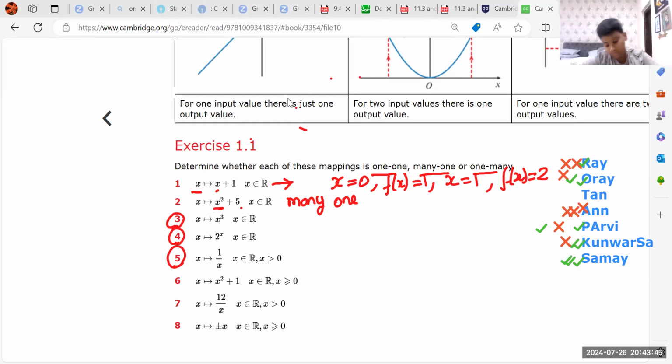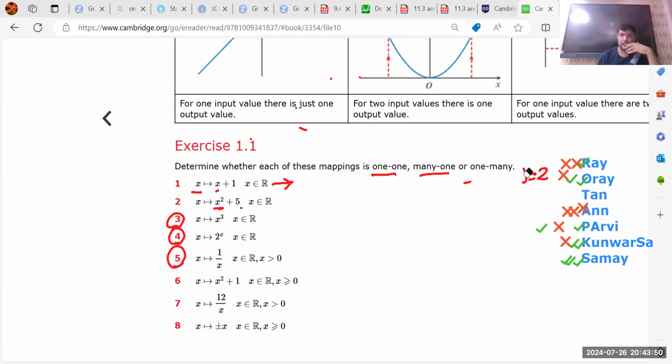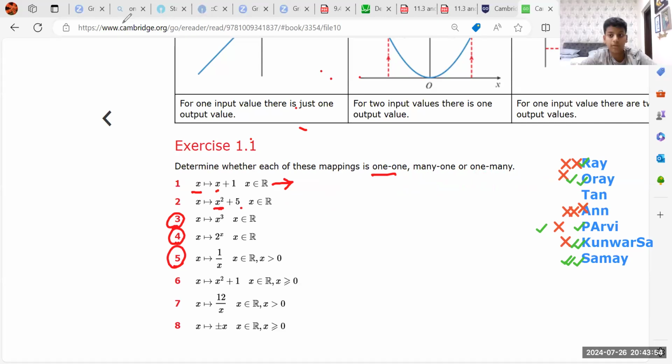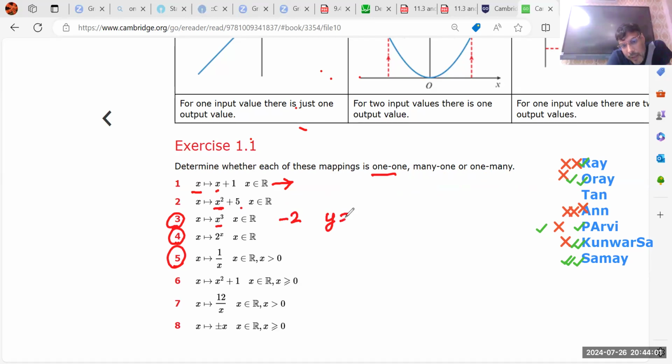Sir, 1-1. Next. Sir, many-1. Next. Sir, 1-many. All right guys, मैं इसमें x की वैल्यू -2 डालूं, I get y equal to what? -8. If I put x equal to +2, I get y equal to 8. So guys, it is 1 to 1. For every value of x, I am getting a different value of y.